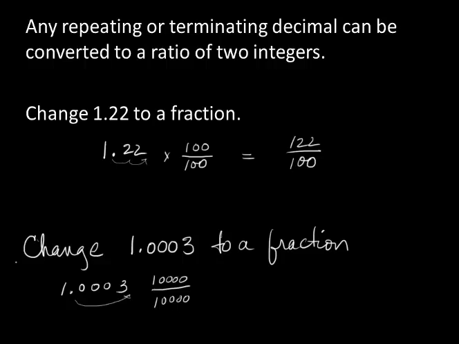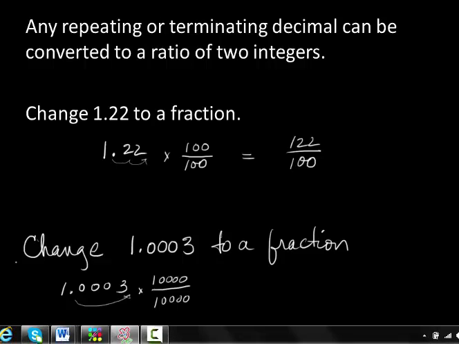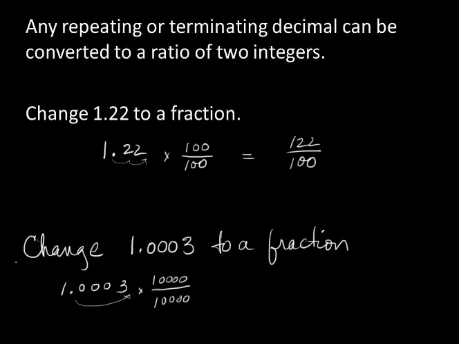So I'm going to multiply it by 10,000 over 10,000, which is 1, because multiplying by 1 doesn't change anything. And when I multiply the 10,000 to the 1.0003, I get 10003 over 10,000. You can think of this as over 1, right? Multiply the tops, multiply the bottoms, you get this.